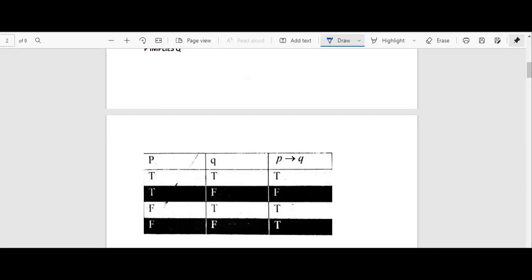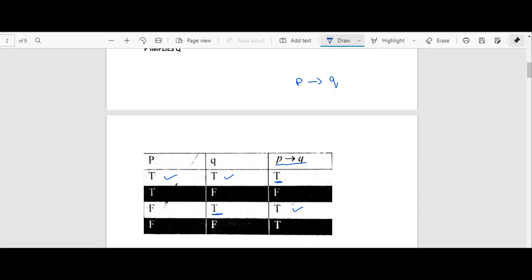For this table, you should know that this is a statement, and in maths, we call it P implies Q, right? Now, this statement is true when P and Q both are true, and this statement is true when Q is true, right?